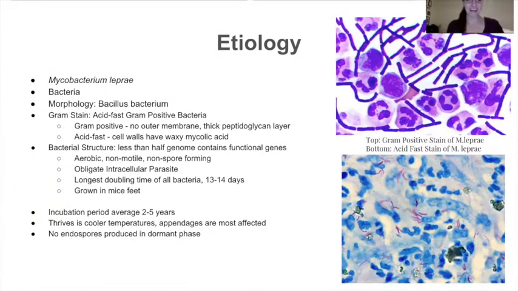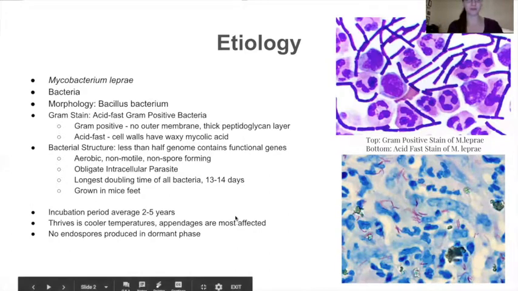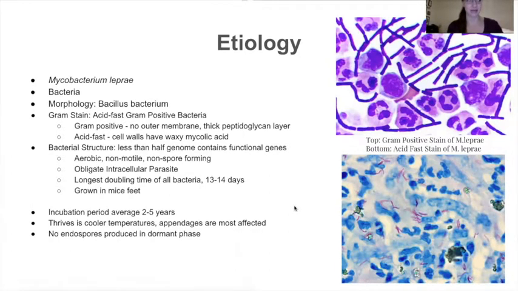Okay, like Chelsea said, the scientific name is Mycobacterium leprae. It's a bacillus bacterium, which means it's a long, thin, filamentous, rod-shaped bacterium. It's 1 to 8 microns long and 0.2 to 0.5 microns in diameter. The gram-stain results would be gram-positive, but it's known as an acid-fast bacteria.